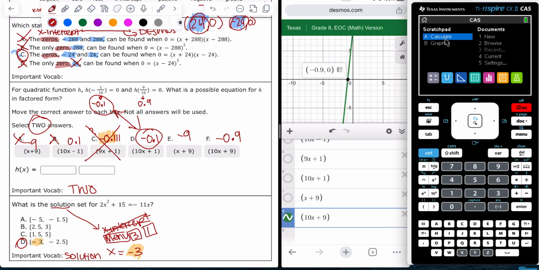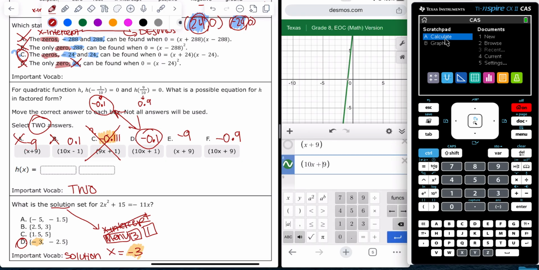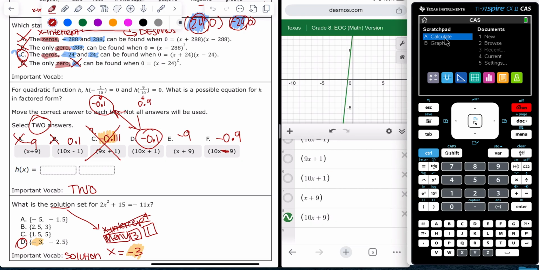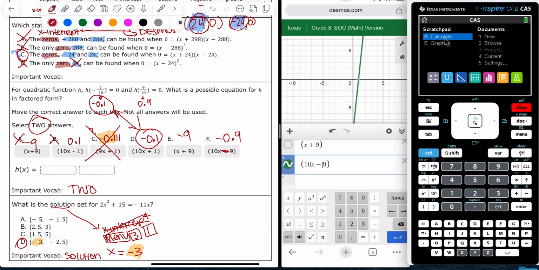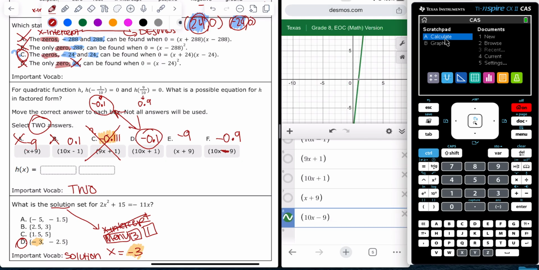I made a mistake, but let's just say that this was supposed to be a negative right here. And then it gives me 0.9. So I have 0.9 if this is a negative. So F would match. This question is wrong, but I changed it to be right. So my two answers would be D and F.